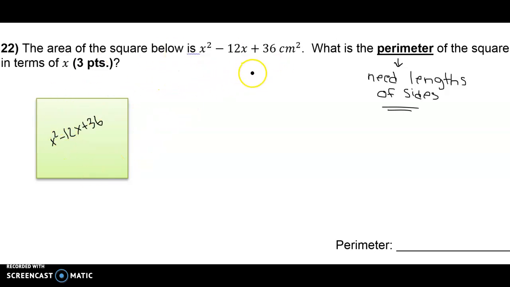A lot of you guys are going to say divide by 4. But area is not separated into 4 pieces. That's not how area works, okay? And we don't have anything to divide by in terms of like the length or the width. We have nothing. So we can't use division, okay? But what we can do, if I know my area equals this quadratic, okay, I am just going to change what it looks like.